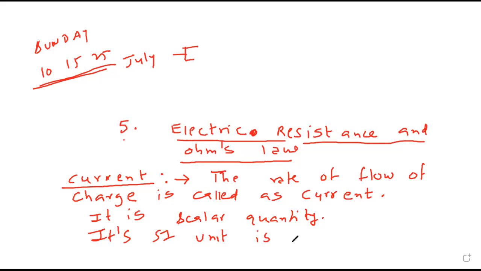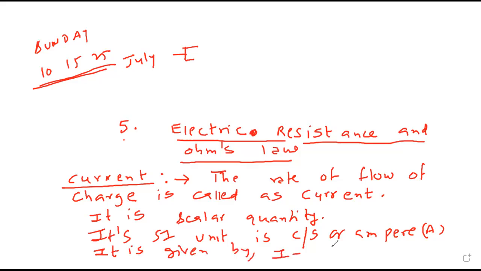Current is ampere. So its SI unit is coulomb per second or ampere, denoted by A. Write this much. The rate of flow of charge is called current. It is a scalar quantity. Its SI unit is coulomb upon second or ampere. It is given by I equals Q upon T.